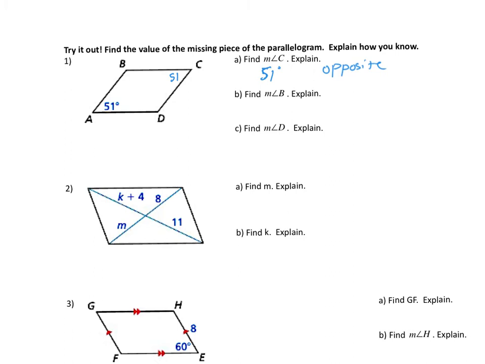That means I take 180 minus 51 to find B. That gives me 129 degrees. B is 129 degrees because consecutive angles are supplementary. Measure angle D, that is 129 because opposites. If B is 129, D has to be 129 because they are opposites.